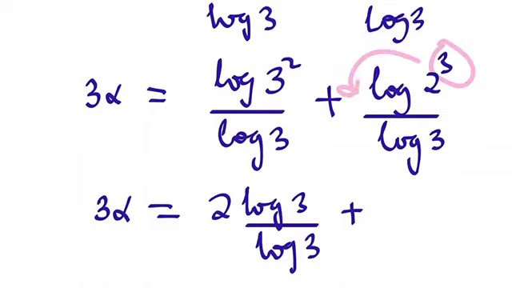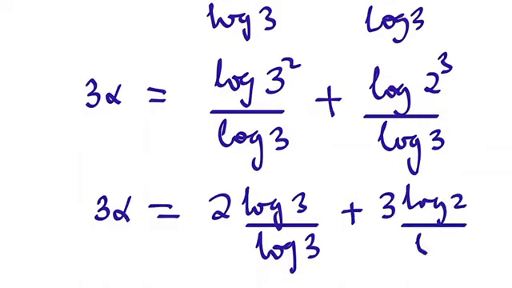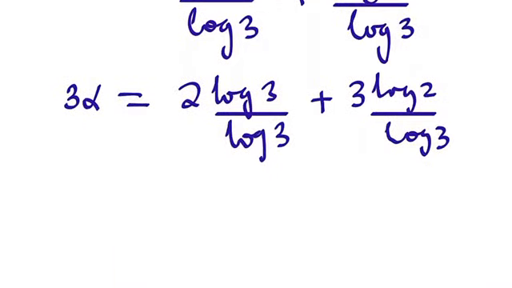We have to come down and multiply log 2. So we're going to have 3 log 2, then divided by log 3. Understood? So you see that this, we cancel this, okay?